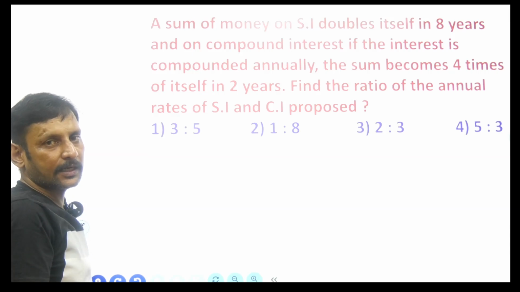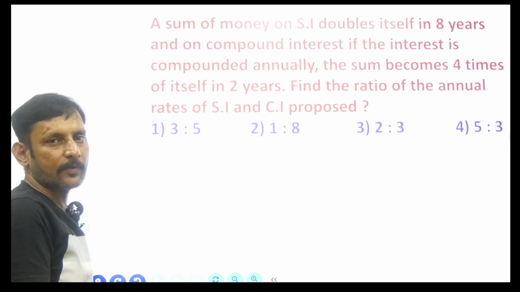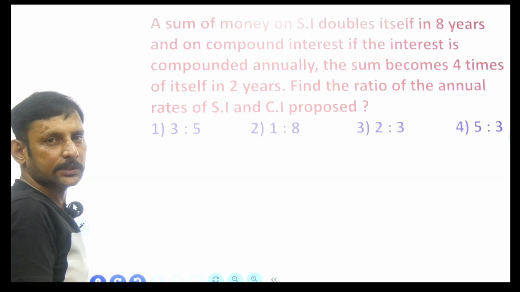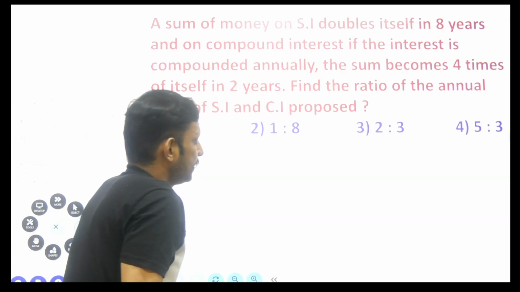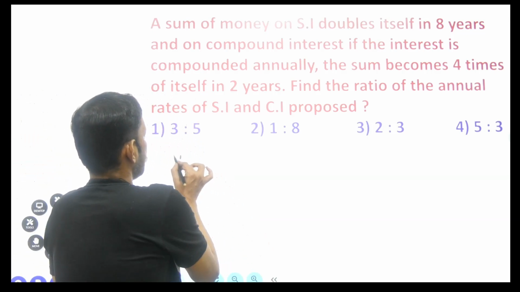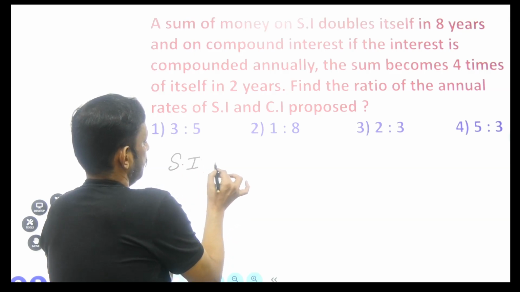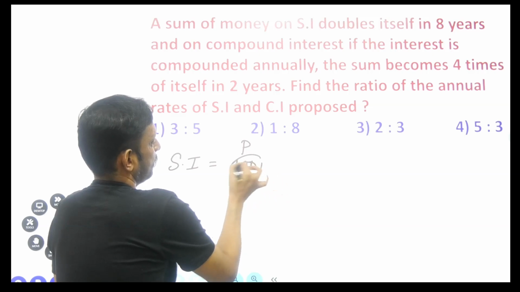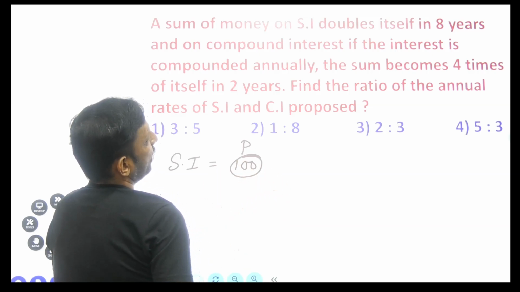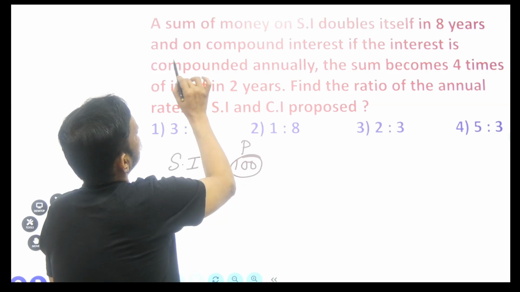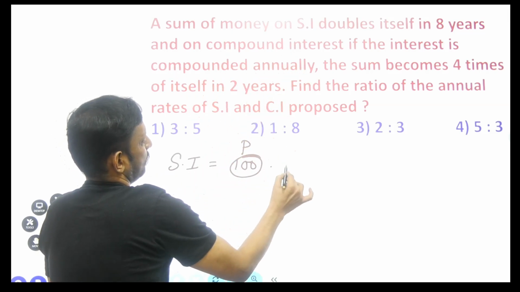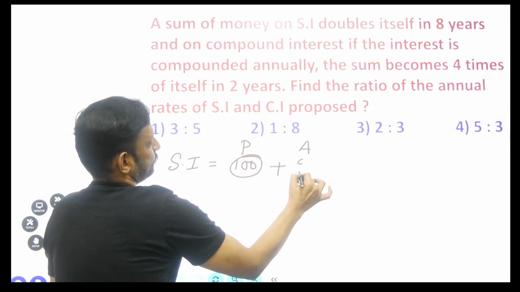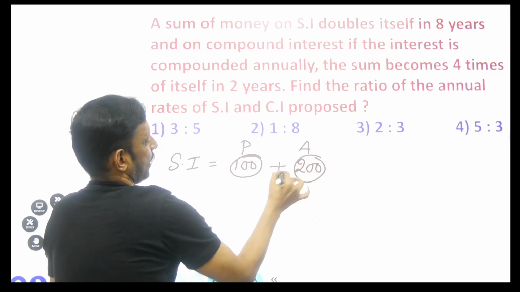So this comes under the simple interest and compound interest model, but it is a very simple model question. See here, according to simple interest, if the principal is 100, it becomes double, 200.